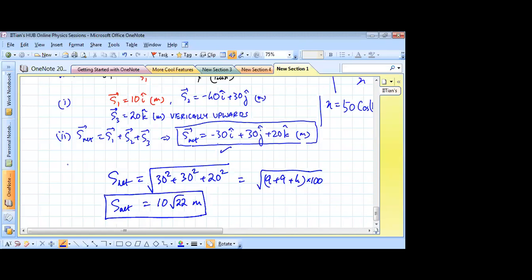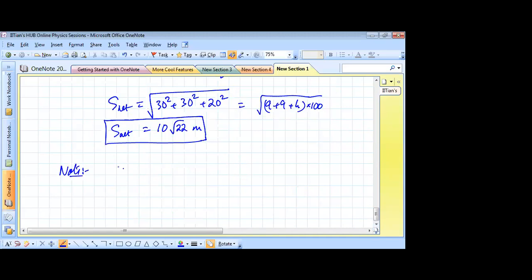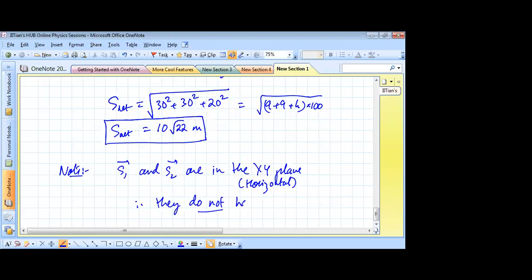So in this, very important, what we have to understand is that the vectors S1 and S2 are in the xy plane or the horizontal plane. Okay. So therefore, they do not have any z component. Okay.